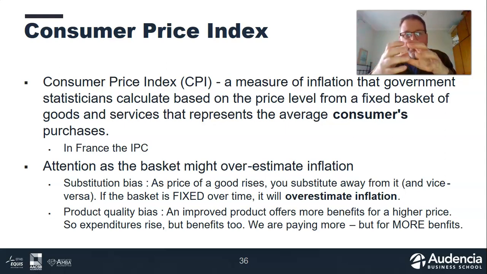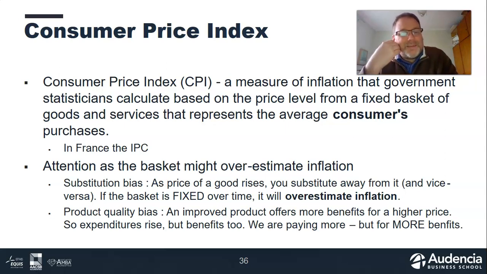I mean, we're buying a box of cereal, maybe, or a box of juice, but maybe the juice has got more pulp in it, or maybe we have a better way of producing juice, or it's a better taste, or something. But over time, if prices are rising, maybe we're getting more for our money. And again, the price index will say, "Ooh, inflation is going up," but we're getting more for it.